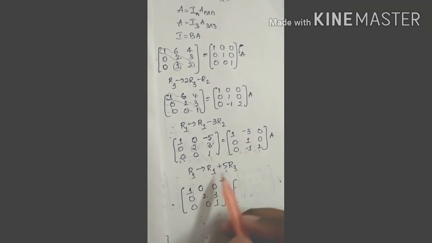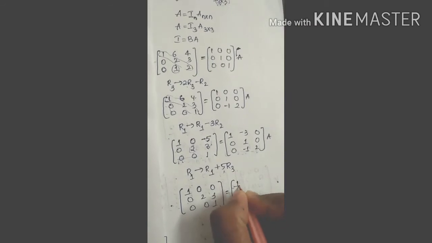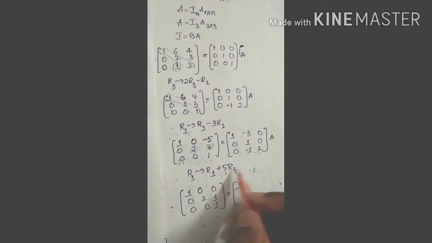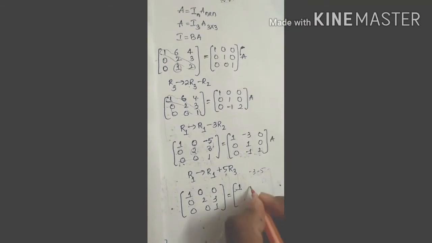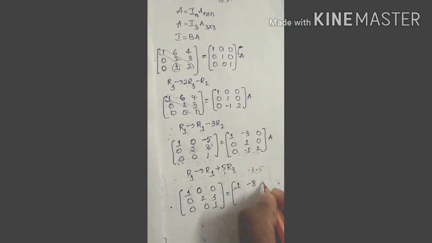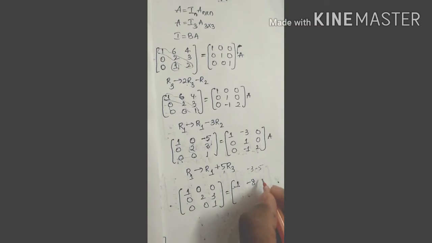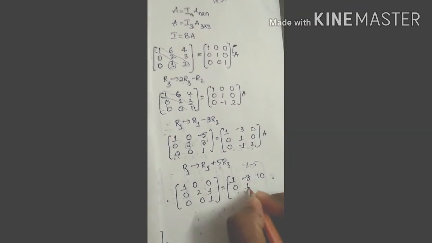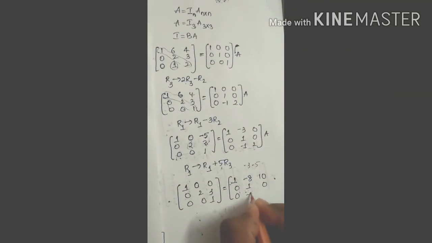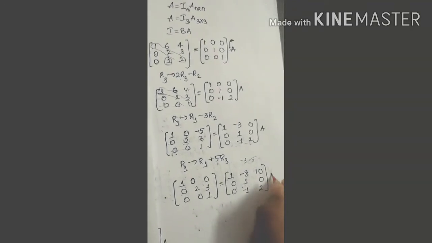See, 1 only will get. Next, minus 3, minus 5, minus 8, 0 plus 5 into R3, 5 into 2, 10, 0, 1, 0, 0 minus 1, 2.